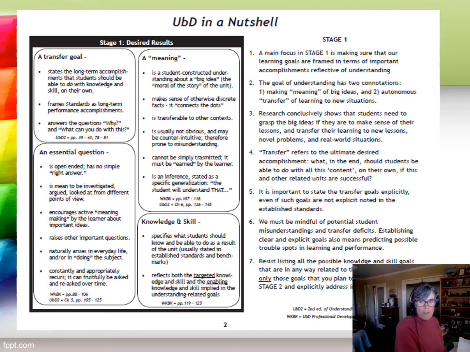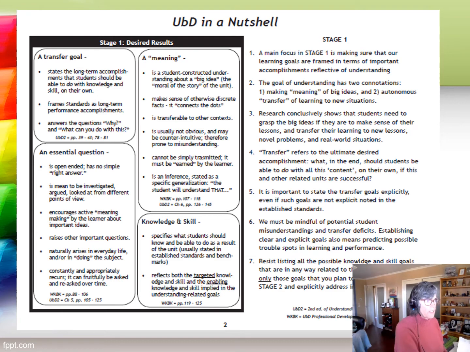The concept of transferring learning. So it's not just about classroom learning, it's about what students are going to do with this information in the long term.